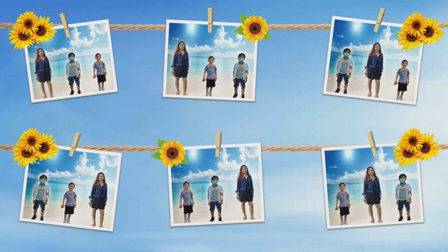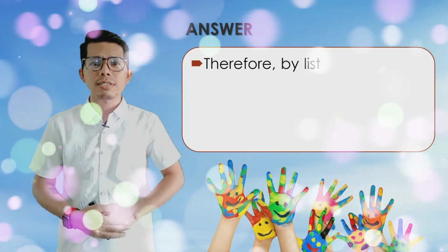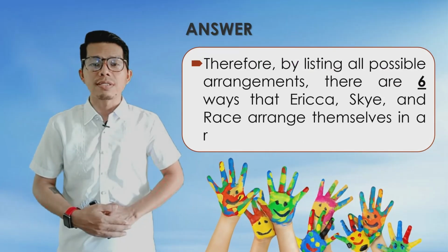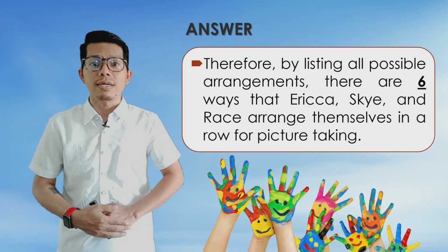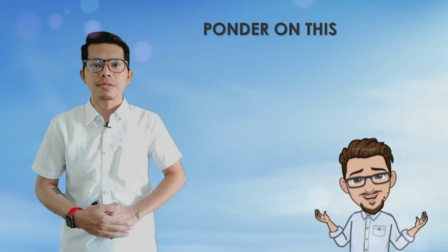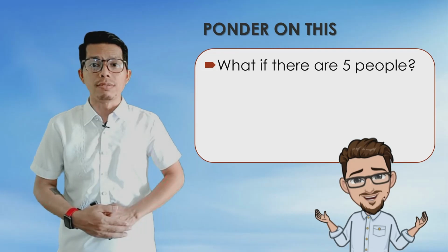So in this case, by listing all possible arrangements, there are 6 ways that Erica, Sky, and Race can arrange themselves in a row for picture taking. Now, what if there are 5 people?